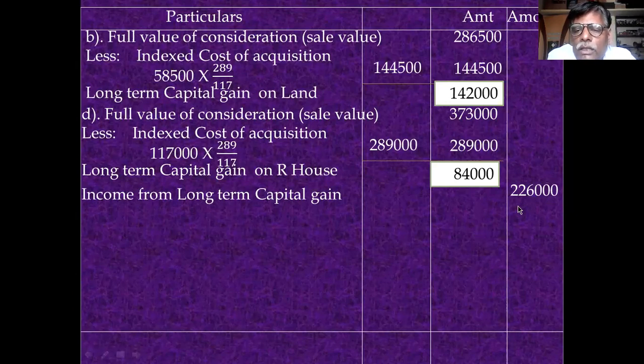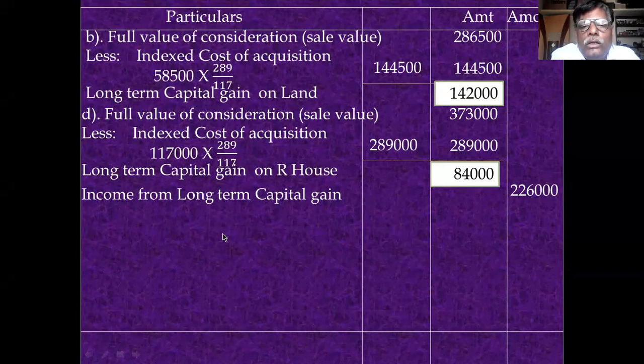If there is a loss in one asset and profit in another, you adjust and take the ultimate result. If the ultimate result is a gain, you take it to the next step. If a loss, you write it as long-term capital loss, carried forward to next year. This is the point you remember.